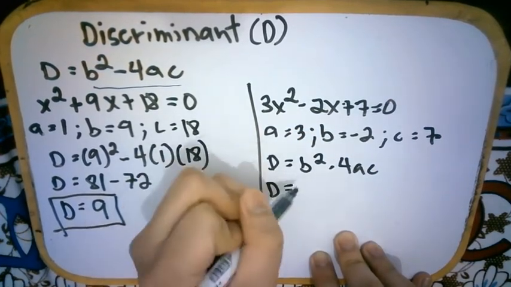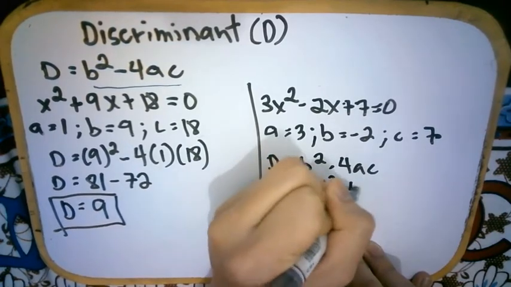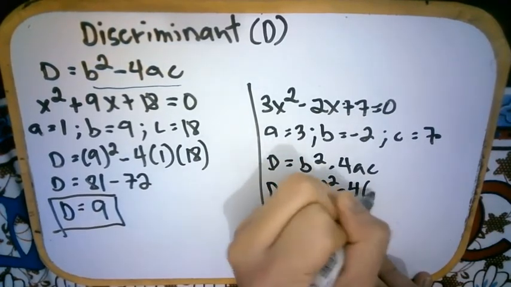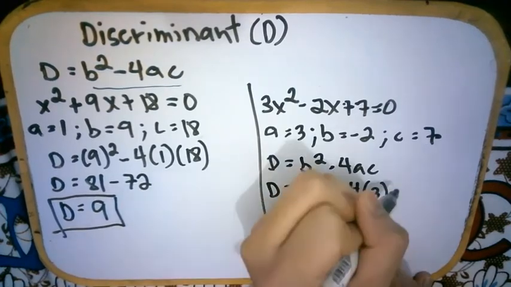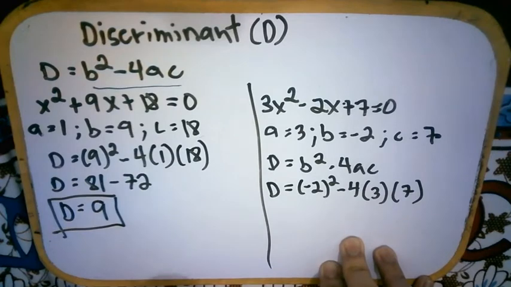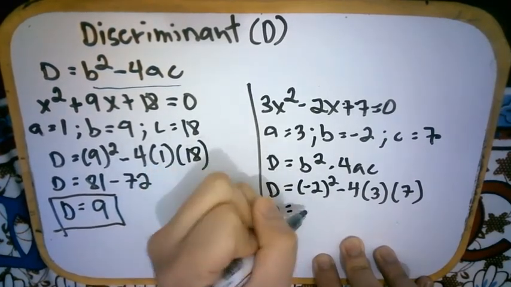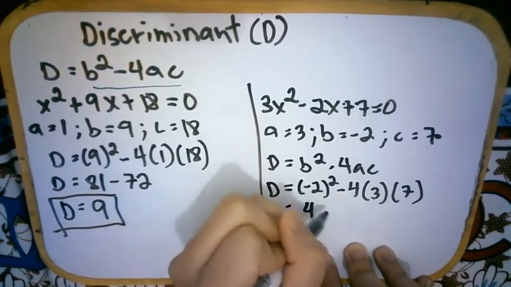We have B squared minus 4AC. Ang B natin ay negative 2. We have negative 2 squared minus 4. The value of A is 3. And then the value of C is 7. So after substituting, we are going to solve. Negative 2 squared is positive 4.